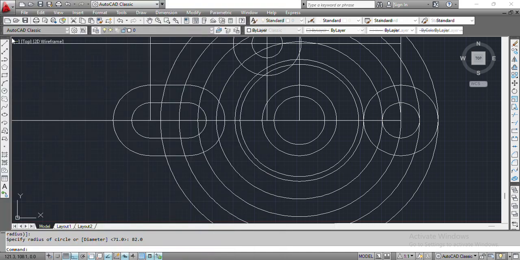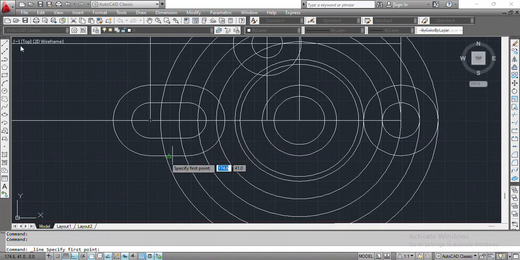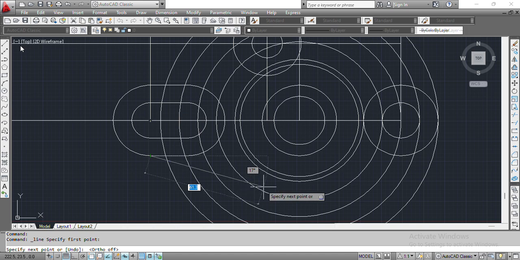We will draw a line from the quadrant of this one, and I ensure you have your ortho mode off so that you draw the line that is required.